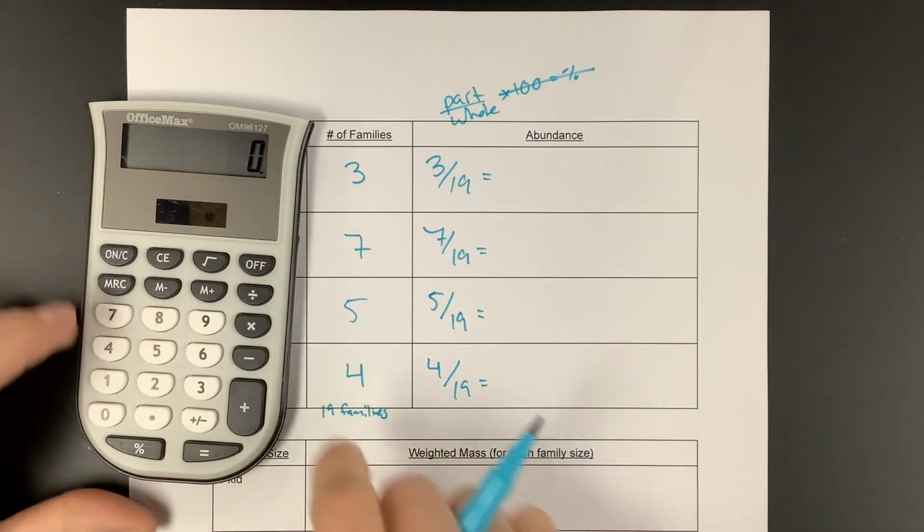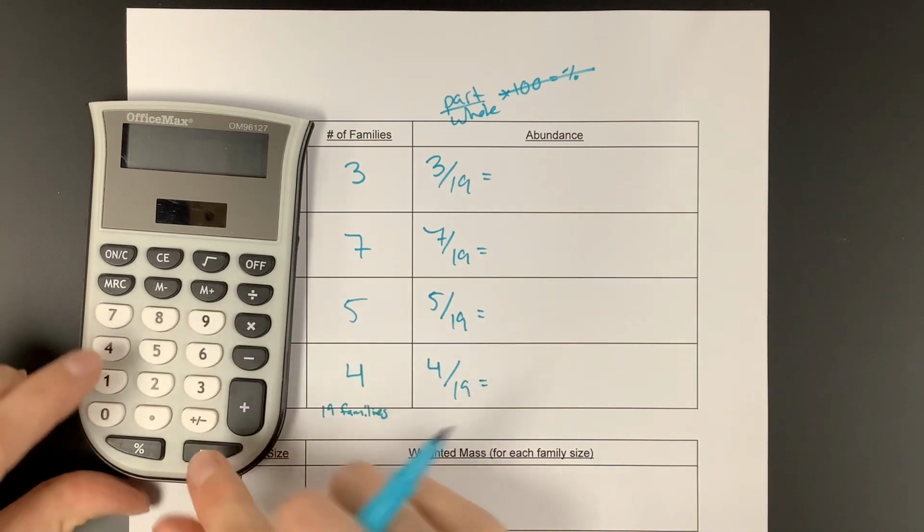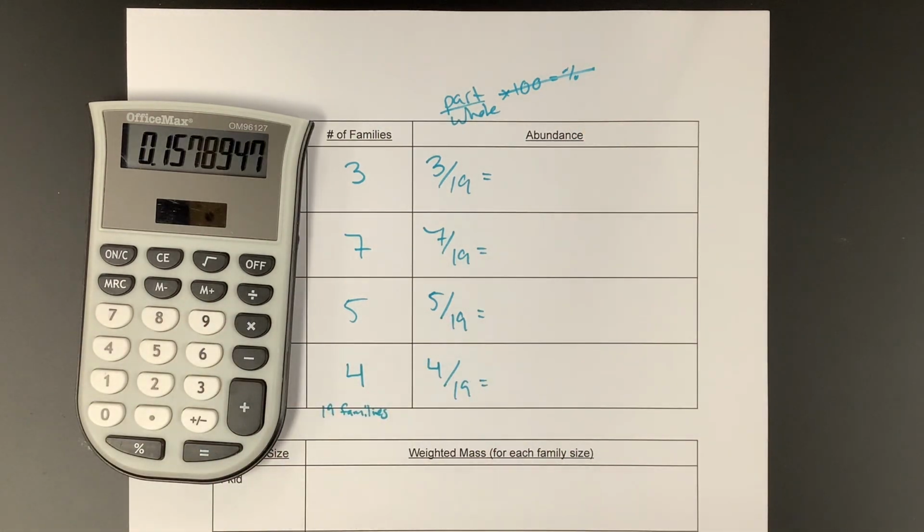So let's do that math. 3 divided by 19, and I'm going to keep a lot of digits here just so I don't end up with a lot of rounding error.